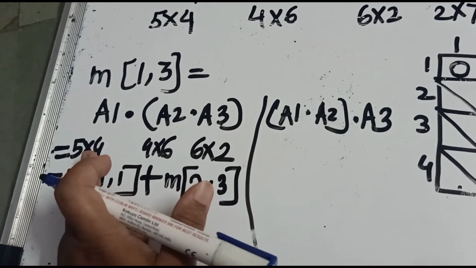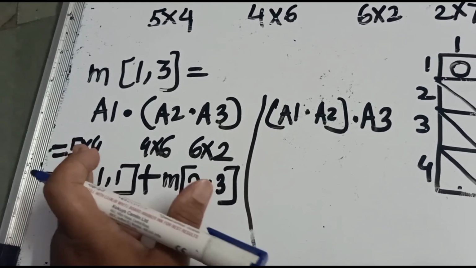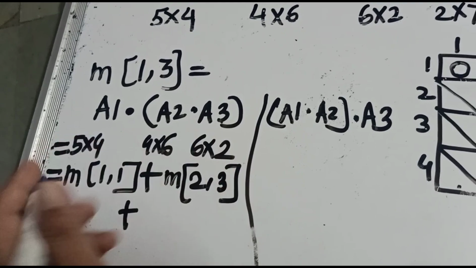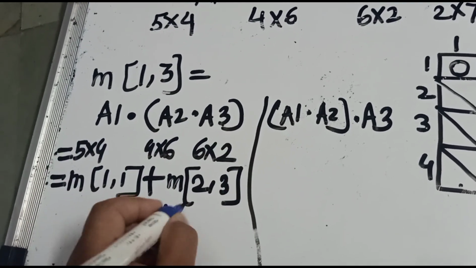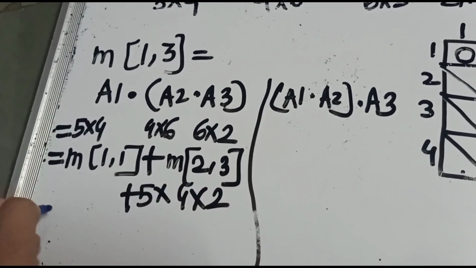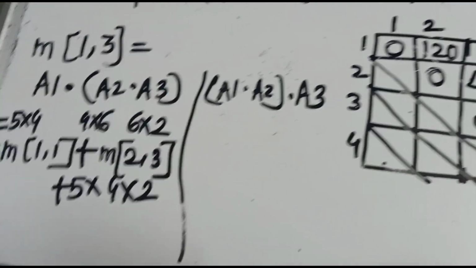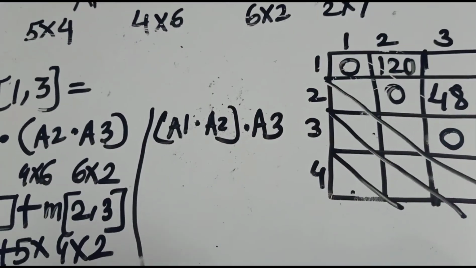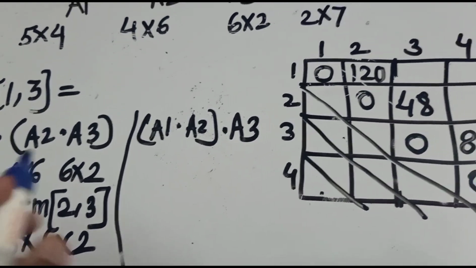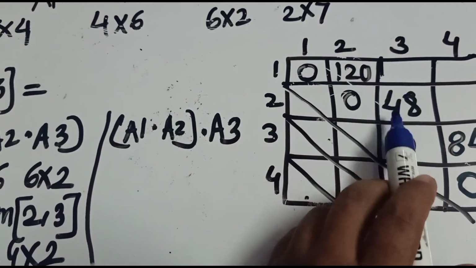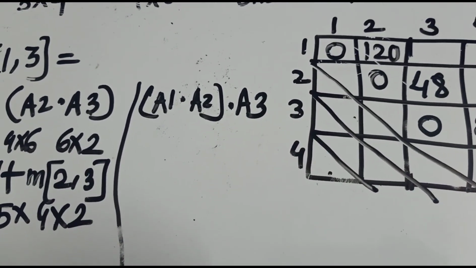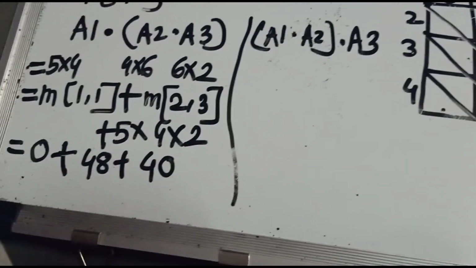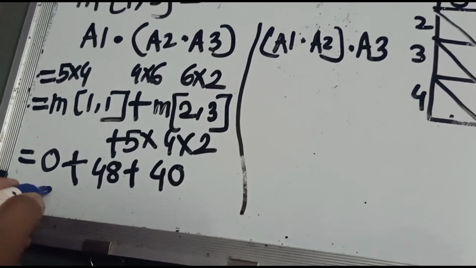And this is A1, so it is 5 into 4, and this is 4 into 2. Again 4 is common here, so it will be 5 into 4 into 2. So m of 1, 1 we have already computed. It is 0, plus m of 2, 3 it is 48, plus this is 40.